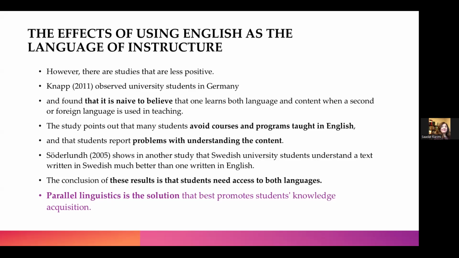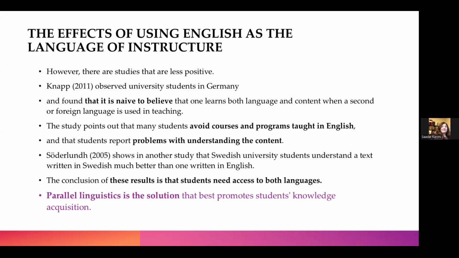The study points out that many students avoid the courses and programs taught in English, and that students who participate in such courses and programs report problems with understanding the content.